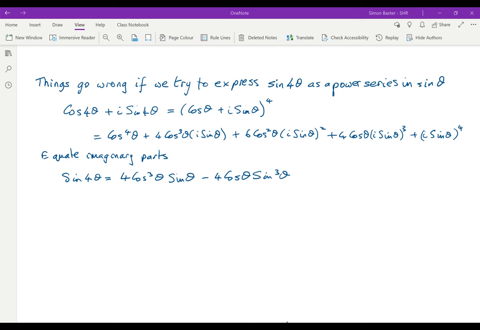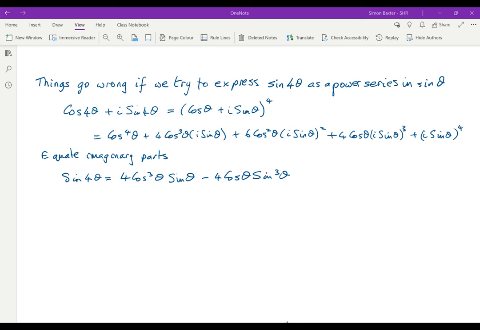We can't write this now as a power series in sine theta because we have an odd power of cosine. I can't change all my cosines into sines using cos squared is 1 minus sine squared. It doesn't work the same way.